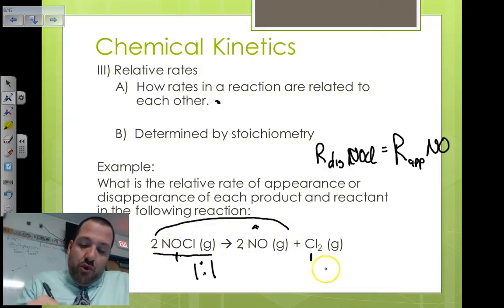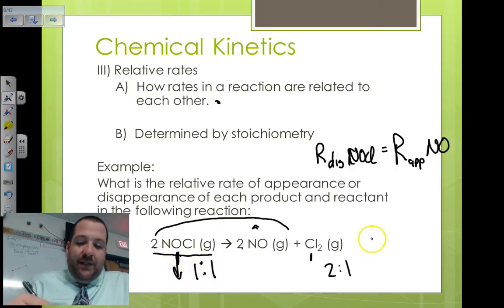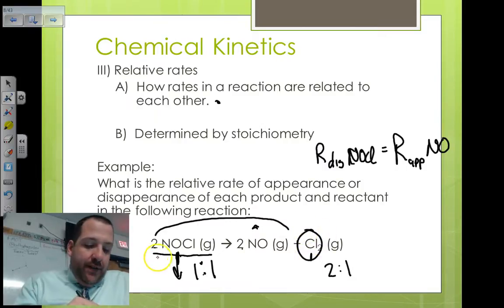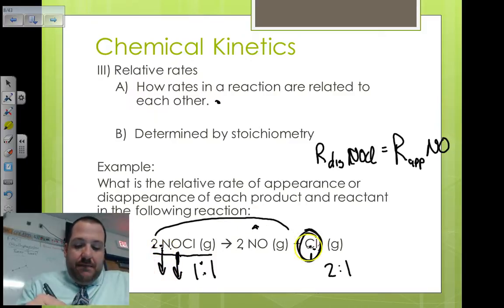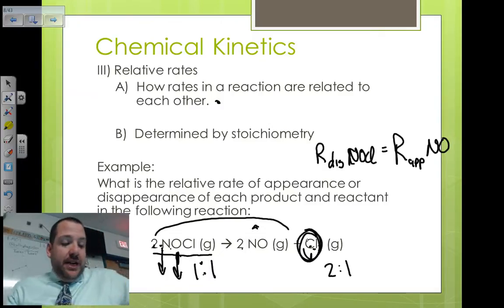This ratio is 2 to 1 now. So that means this is going to disappear twice as fast as this is going to appear. For every 2 of these, we only make 1 of those. So the rate of appearance of this is half as much as the rate of disappearance of this, or this rate is twice as quick as the rate of appearance here. And so that's relative rates.